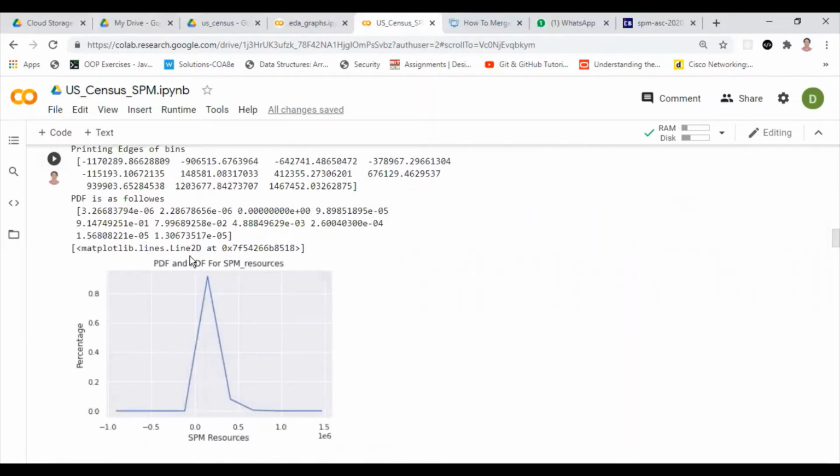After that, the probability distribution function was applied on SPMResources and age. After applying PDF on SPMResources, it can be seen that there's a sharp spike in the column SPMResources, which means that it deviates somewhat from the normal distribution.